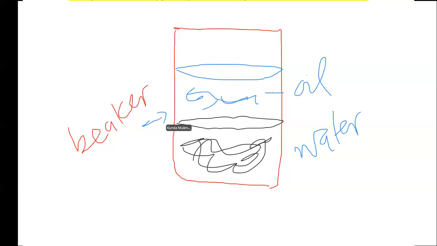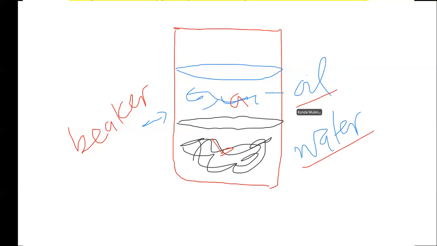Is it dissolving in water? How is it also dissolving in the oil? So you find that this biscuit is likely to divide itself depending on the solubility. You find that it may dissolve more in water and less in oil.